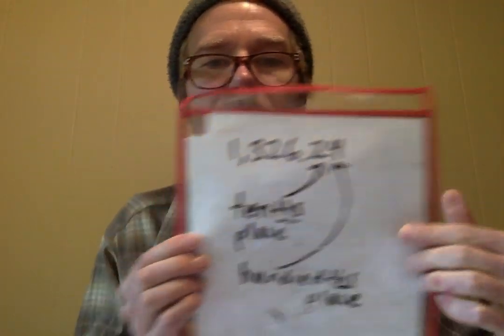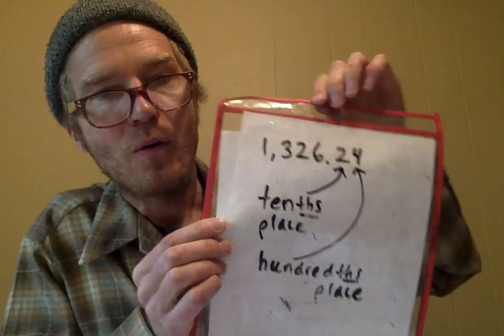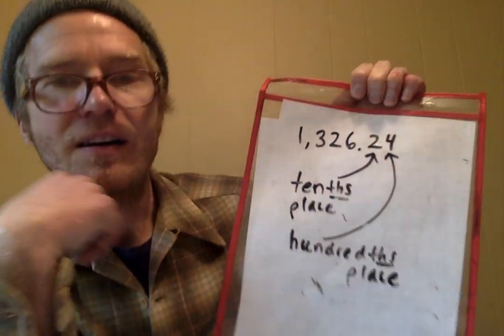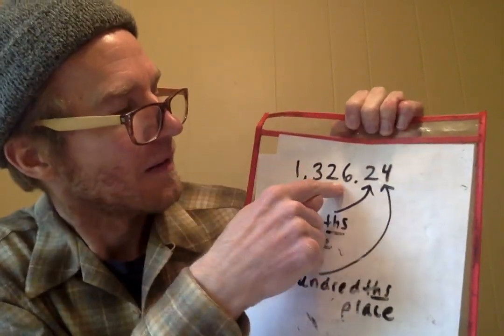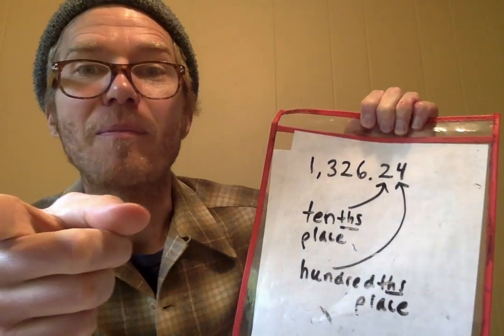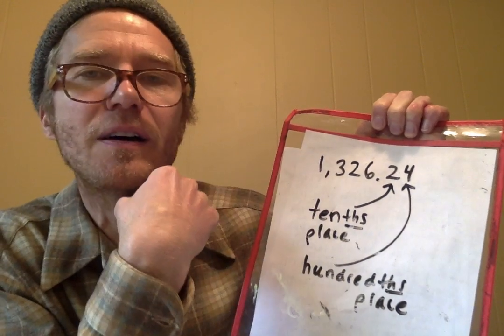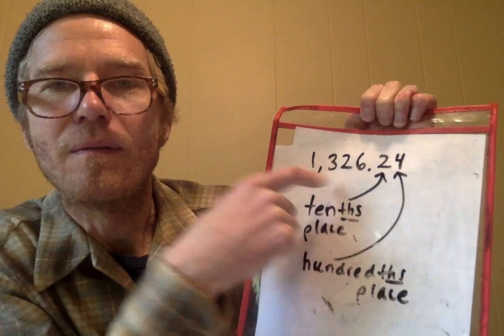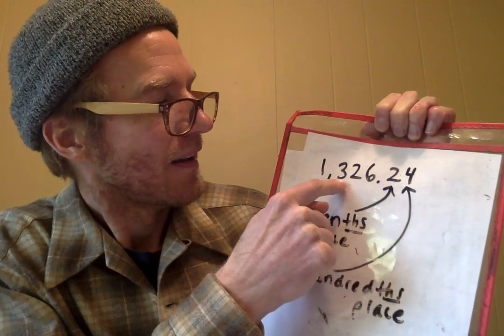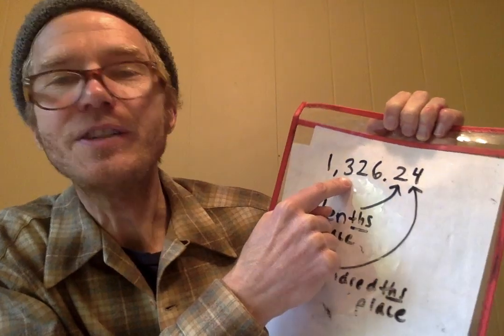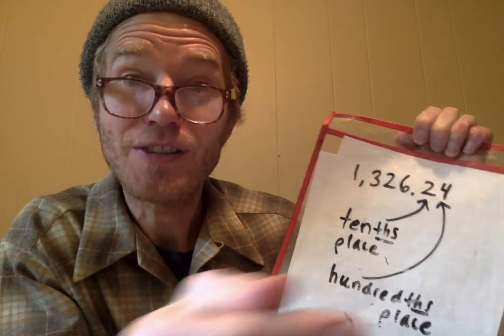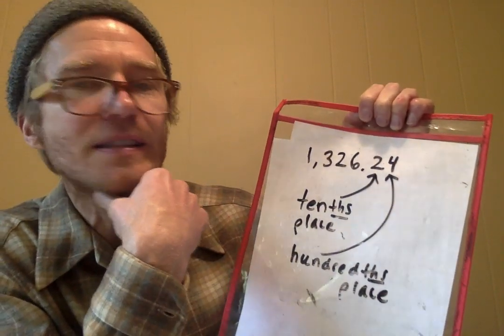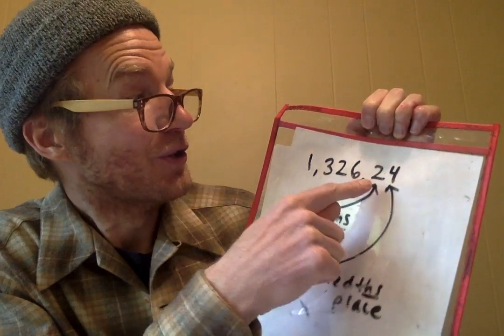So if you see a big number like this, well, what's in the 1 spot? The 6. Good job. What is the 3 in? It's in the 100 spot. Nice, you're right. Good job. What is the 2 in?